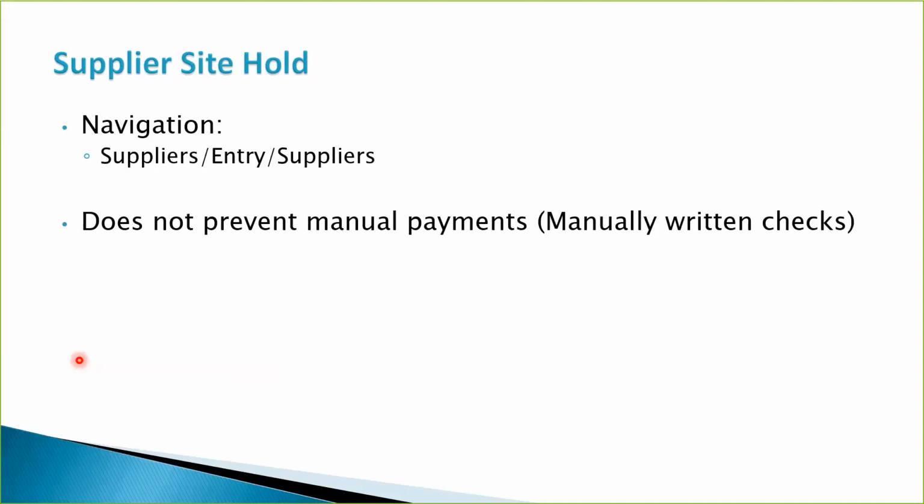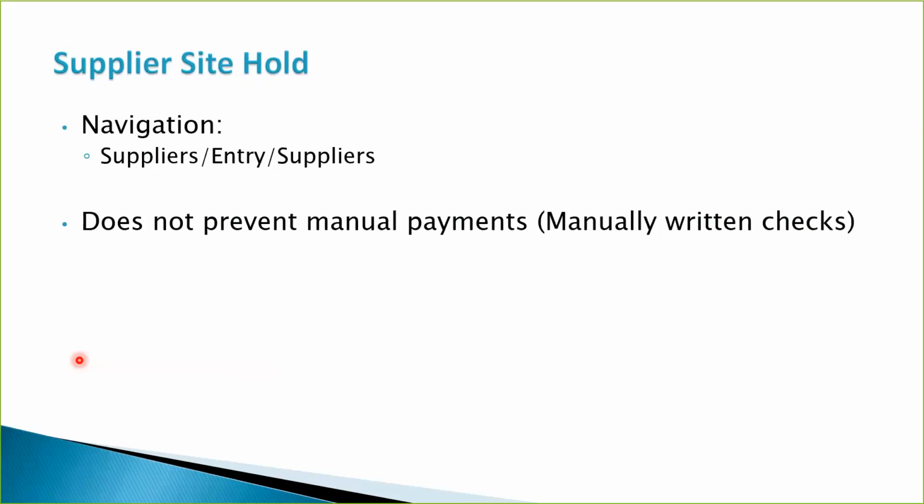So when you place a hold on invoices at the supplier site, what kind of payments are stopped? Manual pay, all other payments apart from manual payments are stopped. So you can't do a quick payment, and you can't do the pay run from the payment manager or the payment process request.